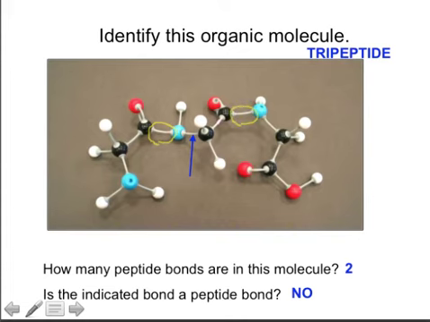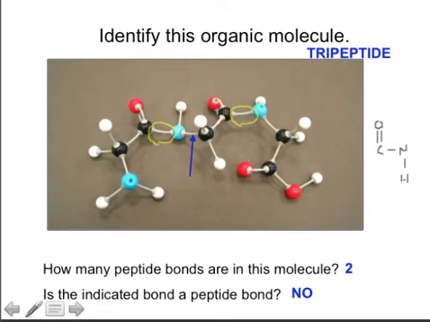This peptide bond is a type of covalent bond. If I were to draw the chemical representation of a peptide bond, it would be a covalent bond between what an organic chemist would call a carbonyl carbon and the amino group of another atom.